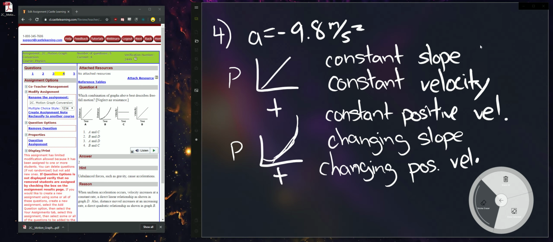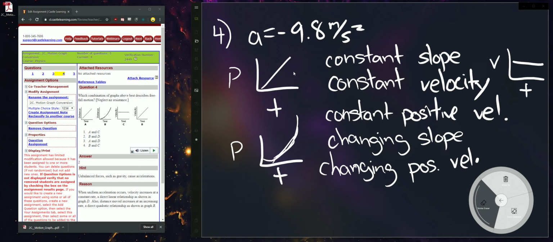So let's look at choice C. Choice C gives you a straight line, and that line is at a certain velocity. Well, that's a constant velocity because it's staying at the same number. So this VT graph would match this one.